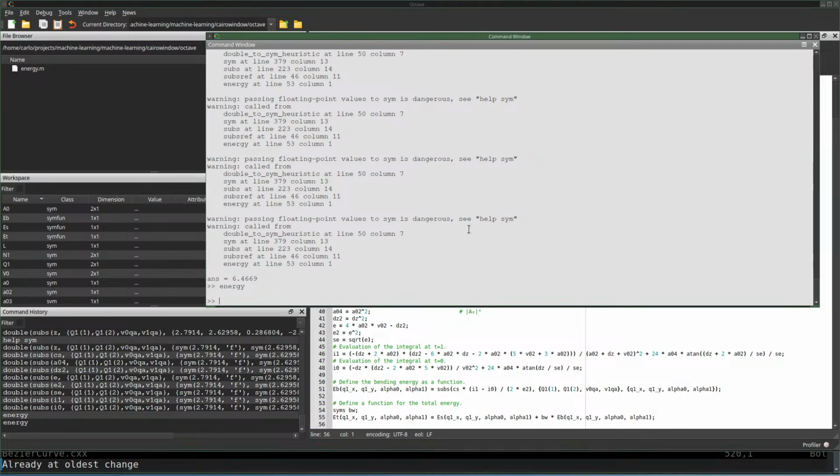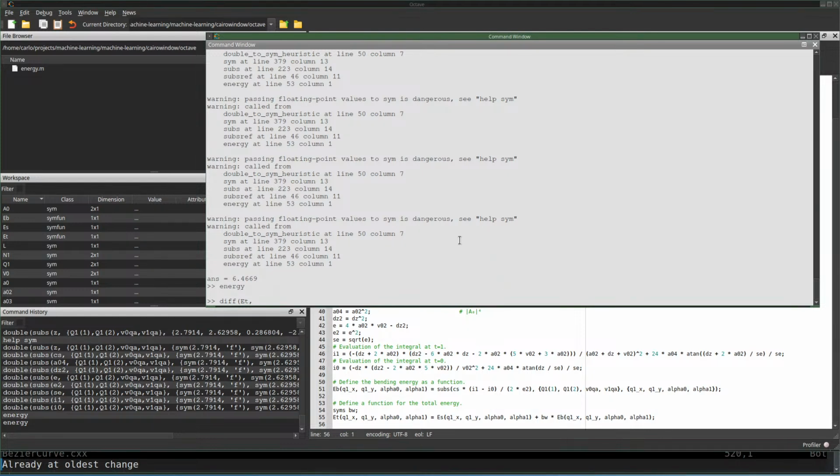Okay. So now I can calculate the differential of ET, I think, or maybe not, with respect to, yeah, that probably doesn't work right, because it's a function.